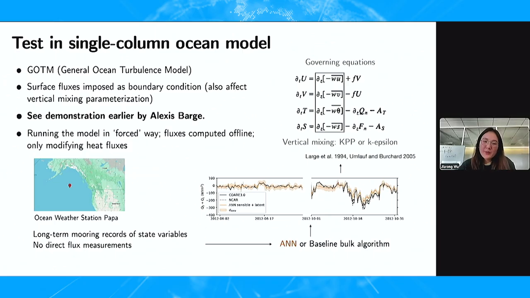But in my work, I was running it in more of an offline version, meaning that I generated all the time series of fluxes and the stochastic ensembles offline, given the measured variables at Ocean Weather Station Papa, and I used them to force the single column.